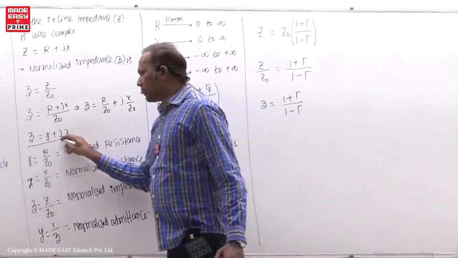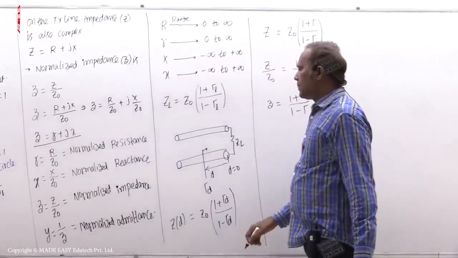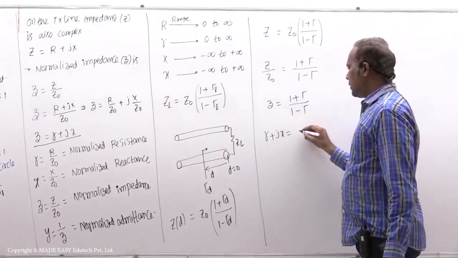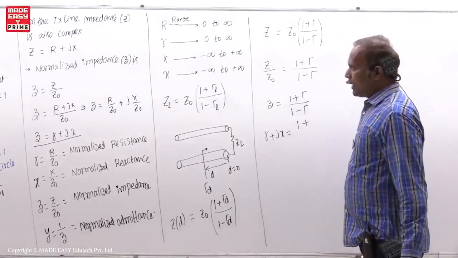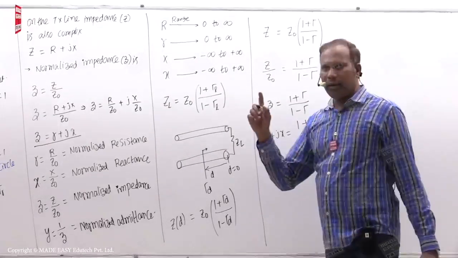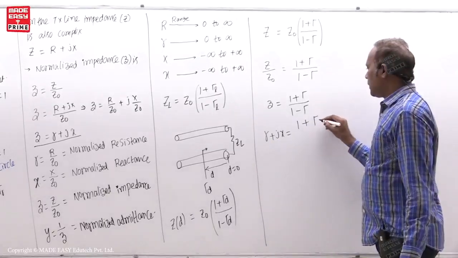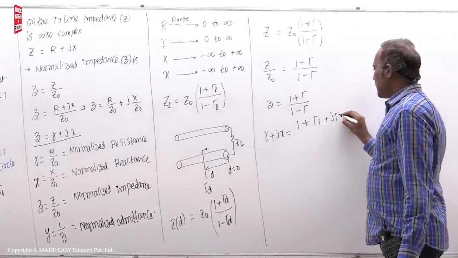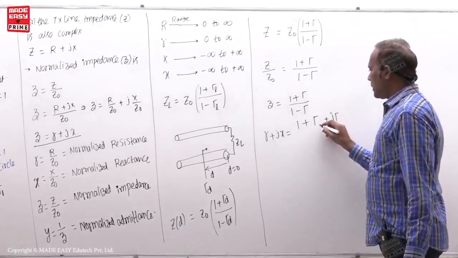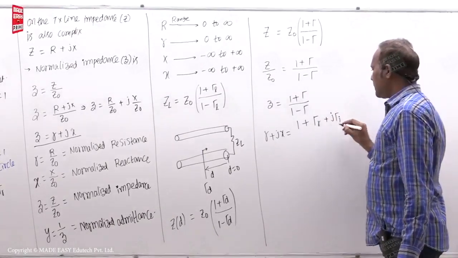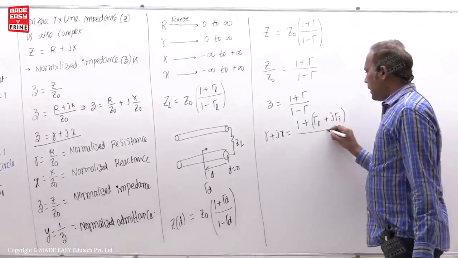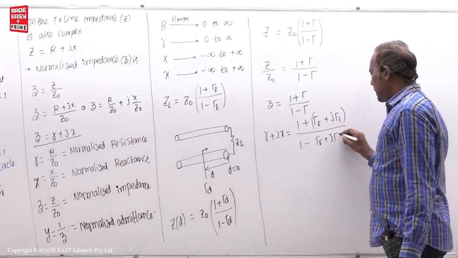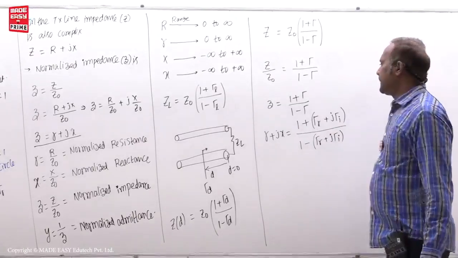Small z is nothing but the normalized impedance, that is r plus jx, equal to 1 plus gamma, where gamma is complex, with a real and an imaginary part: gamma real plus j gamma imaginary, divided by 1 minus gamma real plus j gamma imaginary.